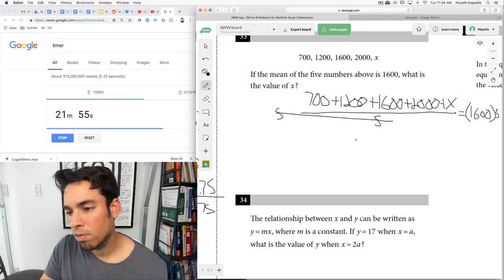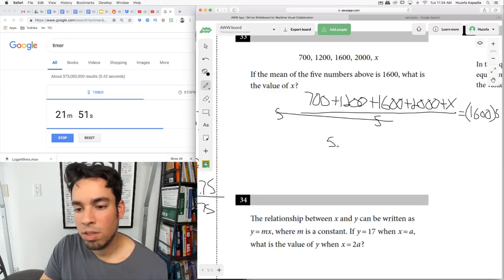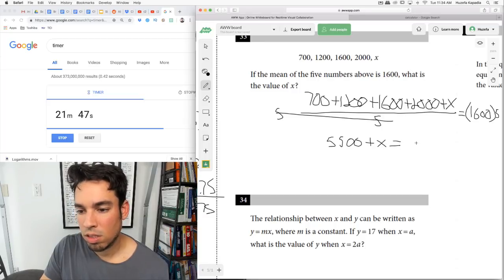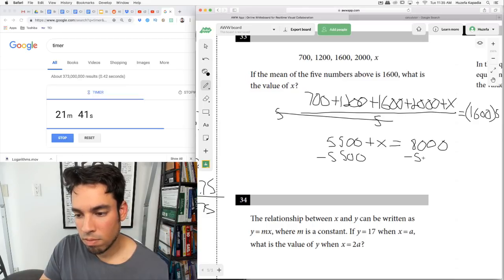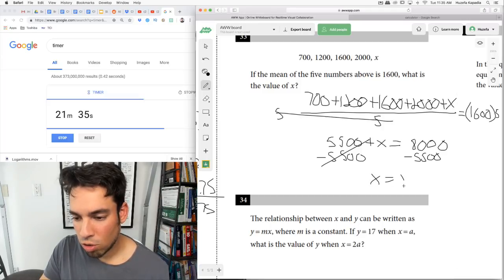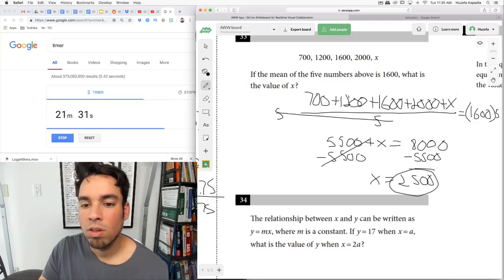What's this? Oh, it's a plus. 5,500 plus x. 5 times 1,600 is 8,000. X equals 8,000 minus 5,500, which is 2,500. And that's our X value.